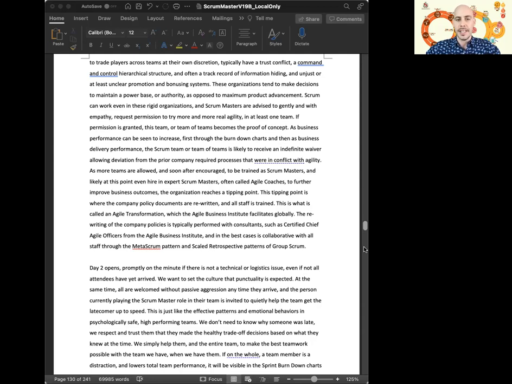This is what is called an agile transformation, which the Agile Business Institute facilitates globally. The rewriting of the company policies is typically performed with consultants, such as certified chief agile officers from the Agile Business Institute, and in the best cases is collaborative with all staff through the Meta Scrum pattern and scaled retrospective patterns of group agility.